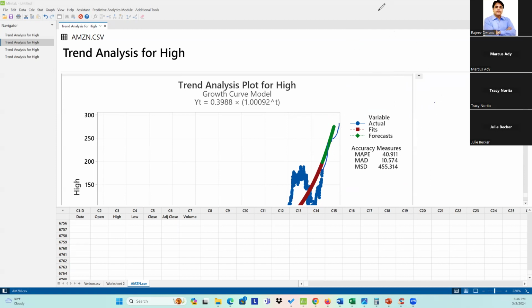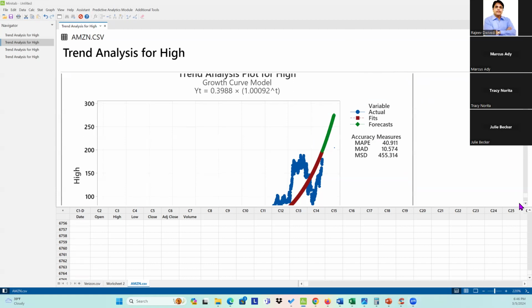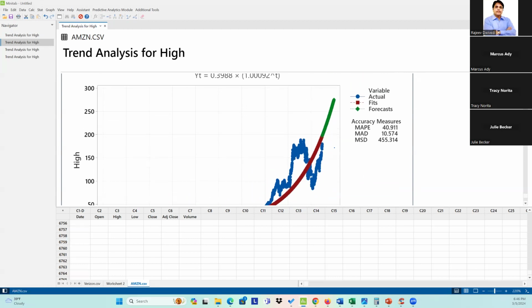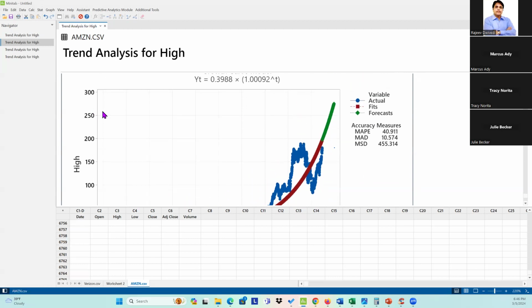So out of four, you can see this line is perfectly fitting with the actual trend and heading this way.